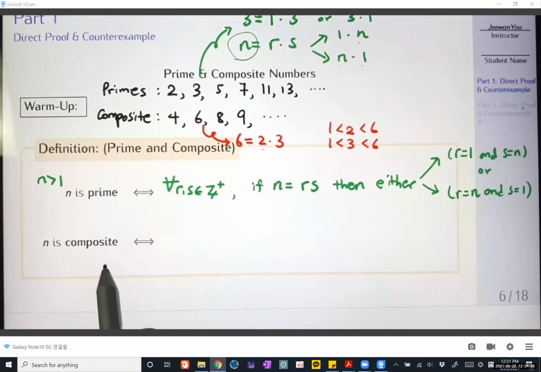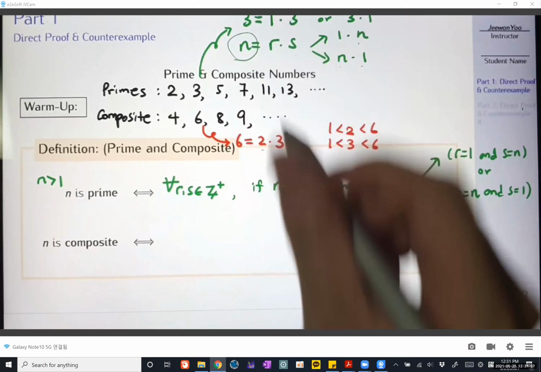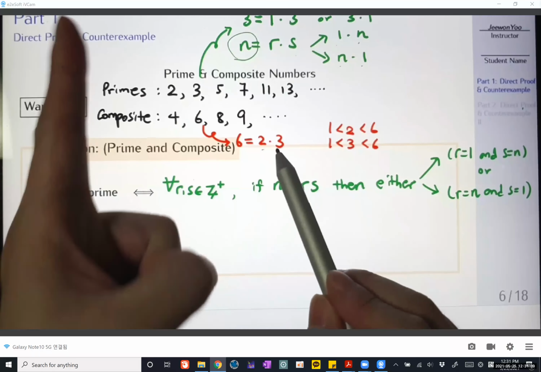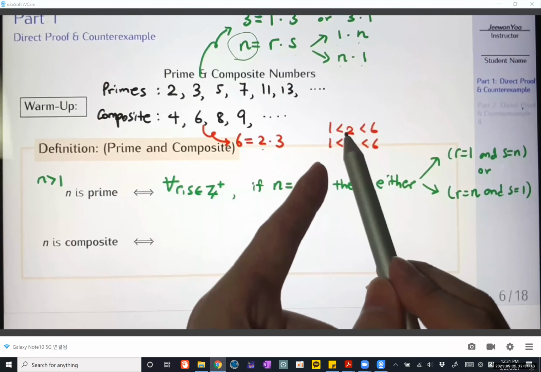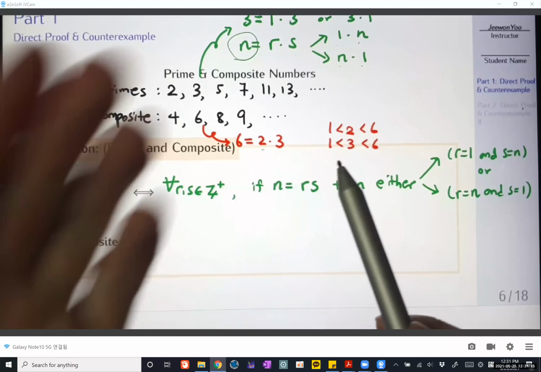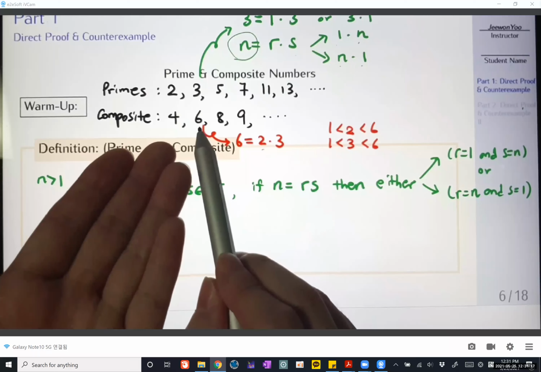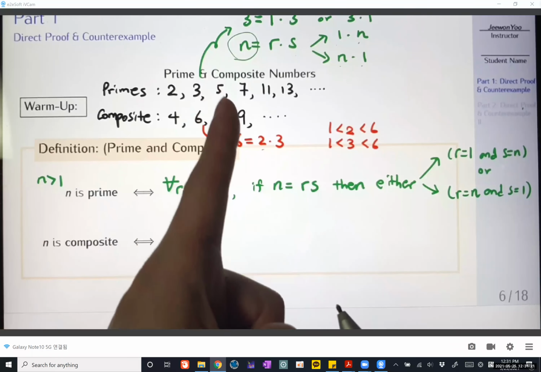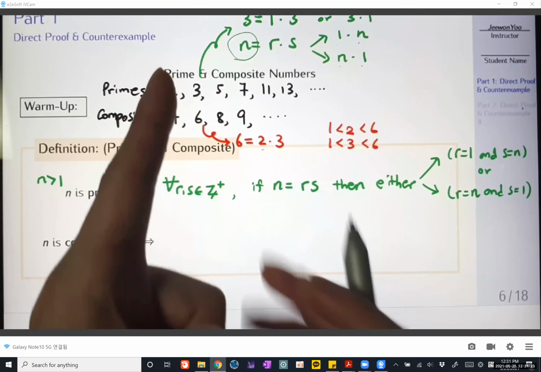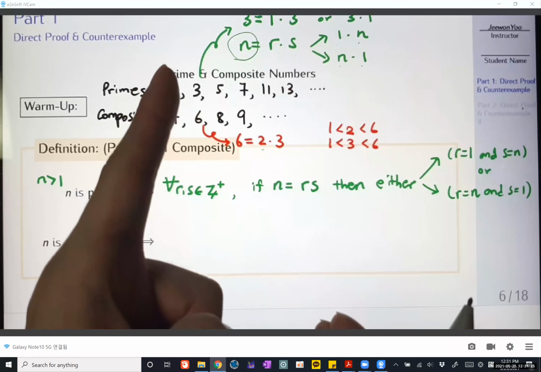So the definition of composite number is if you can find at least one pair of numbers that is more than 1 and less than n, then surely this number 6 is a composite number, right? Whenever I say at least one, it's a good indication of using an existential statement.